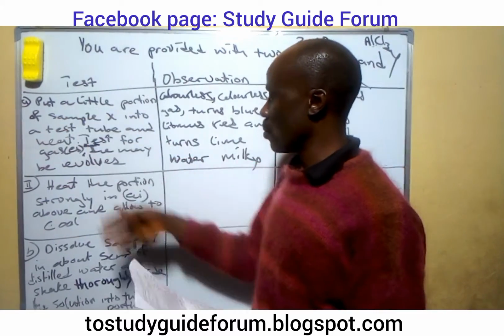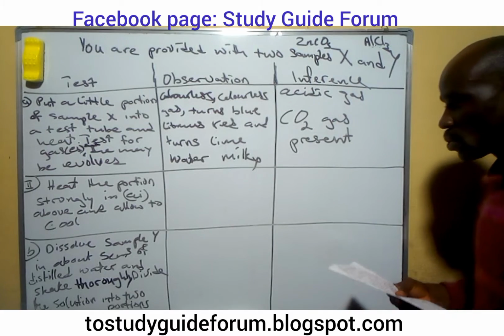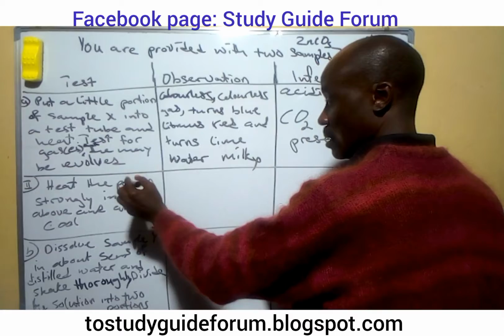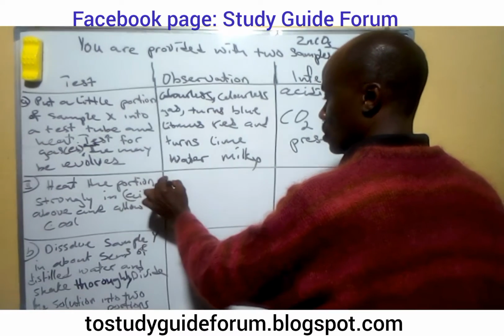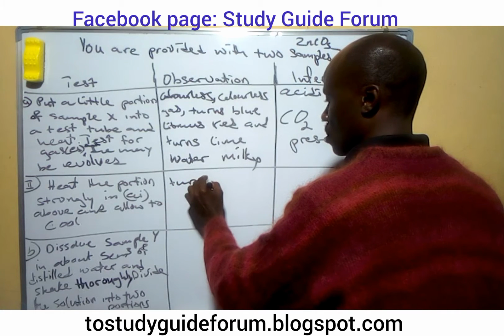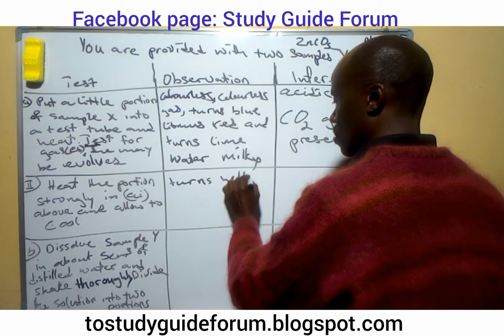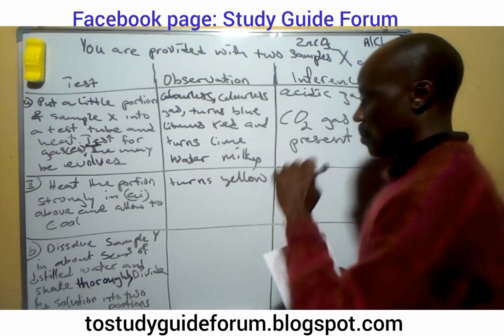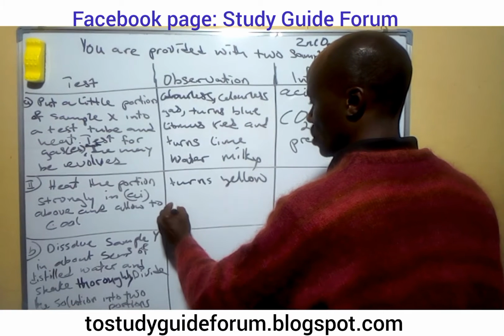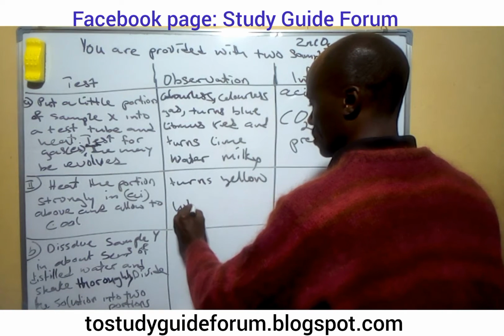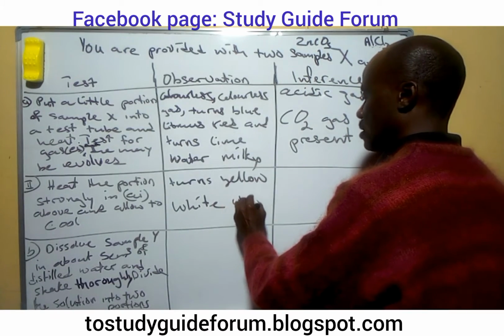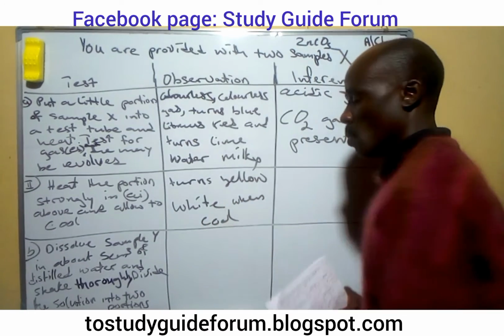Here they say to heat the portion strongly. On heating strongly, what you will observe is that the residue turns yellow, and when you allow it to cool, it will then be white when cool.